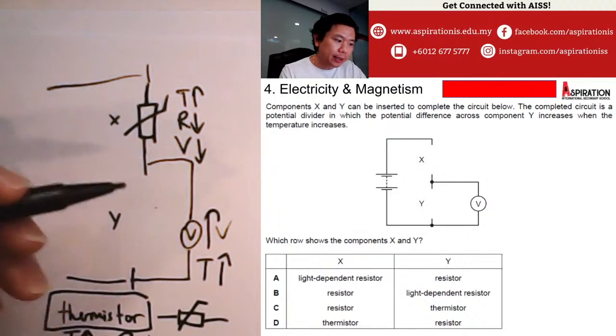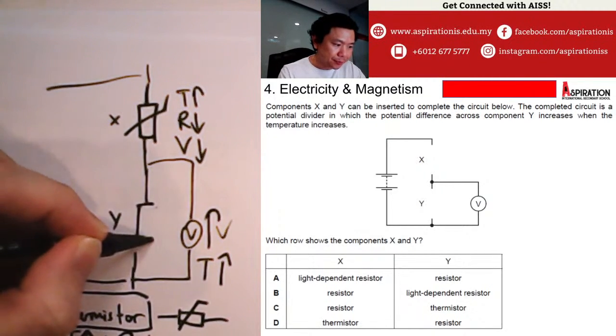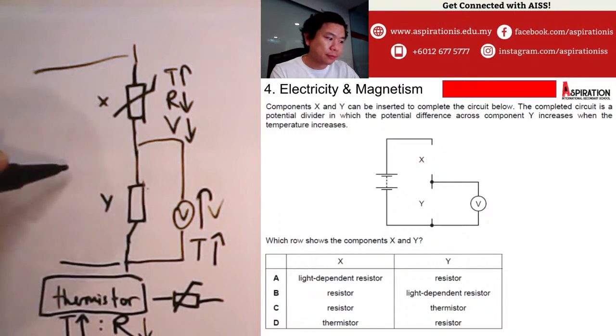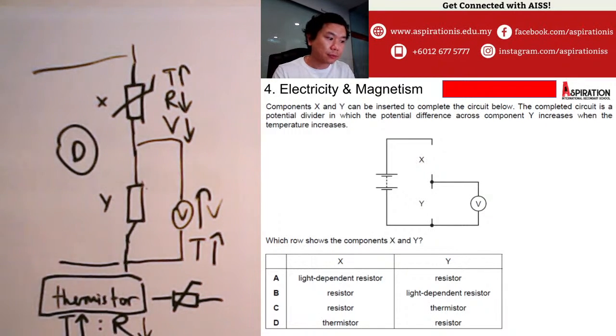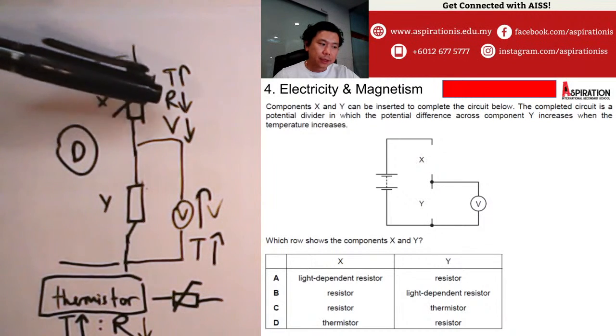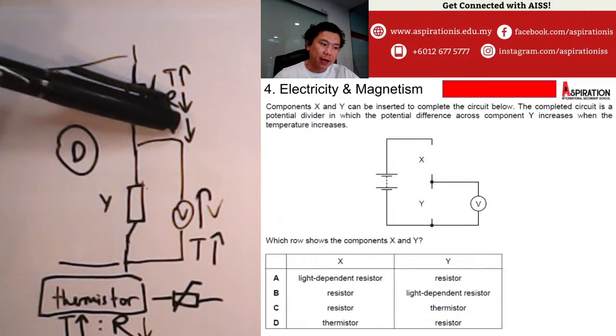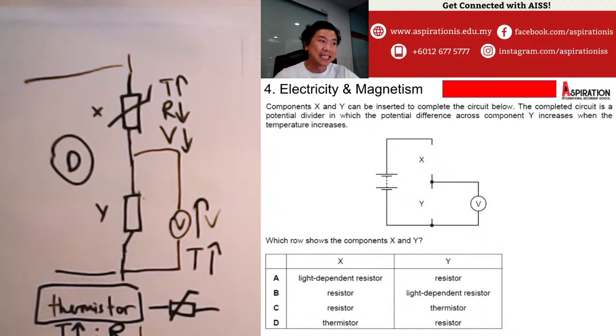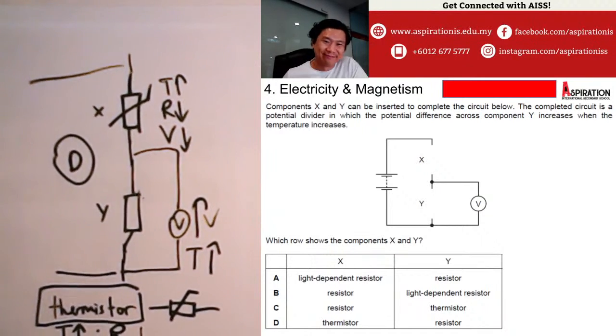So thermistor at X and the resistor at Y. So when the temperature goes up, resistance goes down, voltage goes down, more voltage over here. So here is the resistor. So the answer is D. Almost all of you got it wrong, right?